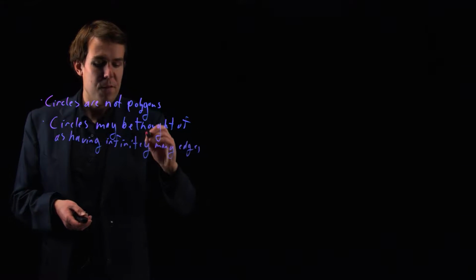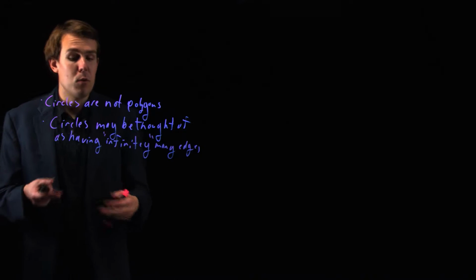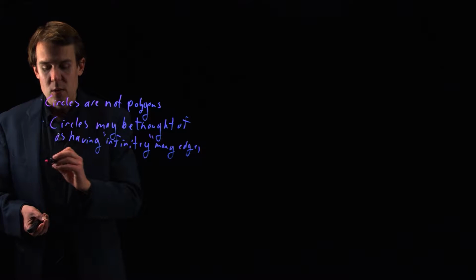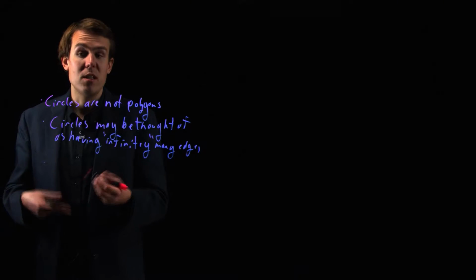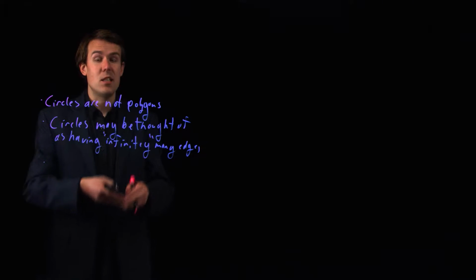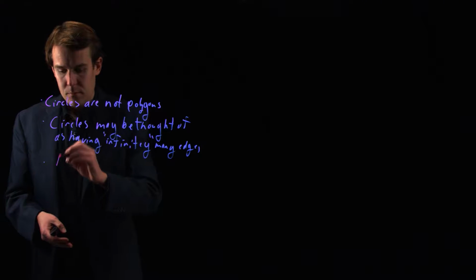I'll put this infinity in quotation marks since we really need calculus to be able to make that notion precise. So how is a circle defined? Well, it's typically said to be the set of points at a fixed distance from a center point.